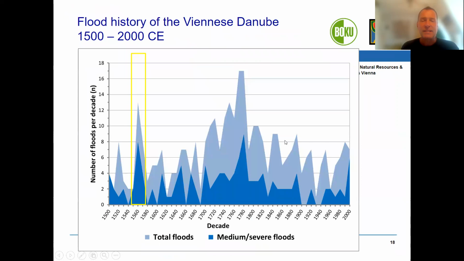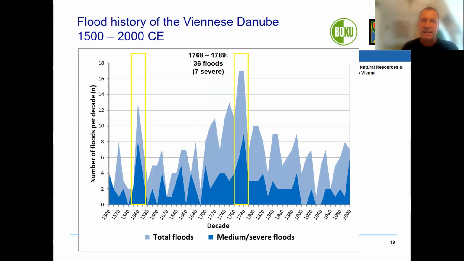Why did they start with the flood protection measures? Because once more, here's the chart of the historical floods per decade. We have seen in the 1560s there was a peak of floods, but there was an even greater peak in floods at the end of the 18th century.